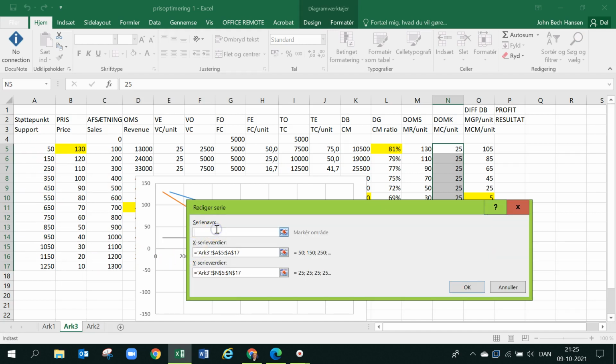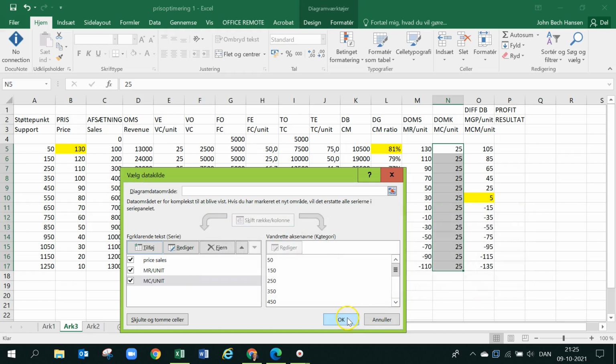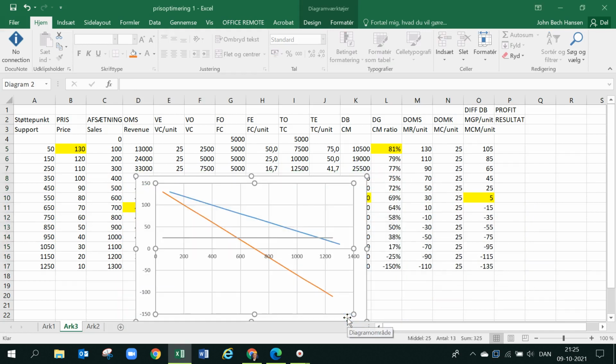And this is the marginal cost unit. So this is price optimization illustrated in a unit diagram showing that the optimum sales in unit is around 600, but here we can see it's probably a little bit before, so I don't need to go up to 600.